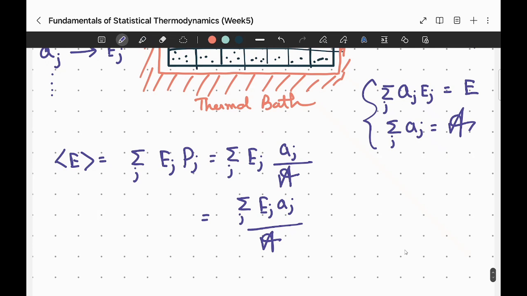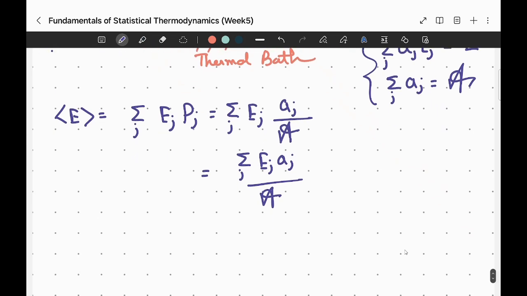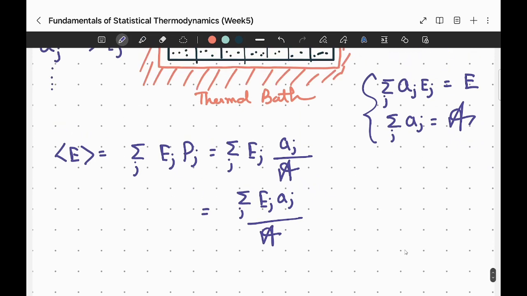From this I will show in a later question how you can calculate the partition function from this average quantity.